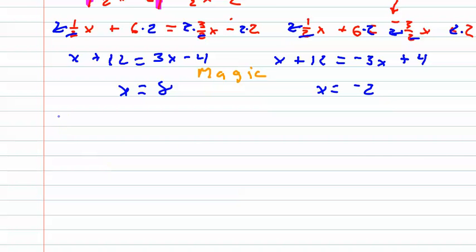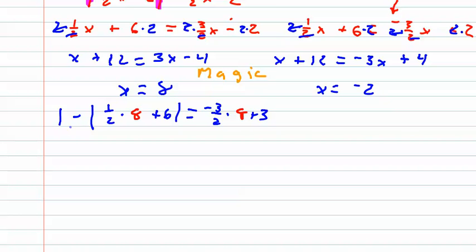So we put in 1 minus the absolute value of 1/2 times 8 plus 6 equals negative 3/2 times 8 plus 3. All right, now you have a choice.